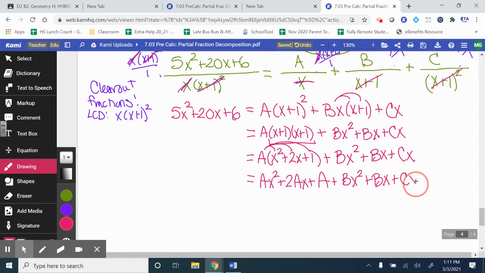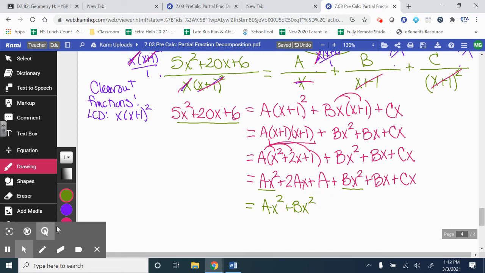plus bx plus cx. All right, so again, we're trying to match it up to this 5x squared plus 20x plus 6. So what I want to do is group anything that has an x squared together. So I'm going to rewrite those together. So ax squared plus bx squared. And sometimes the colors really help students to kind of match everything up. So I'm going to make those green. Next, I'm going to take anything that has an x.